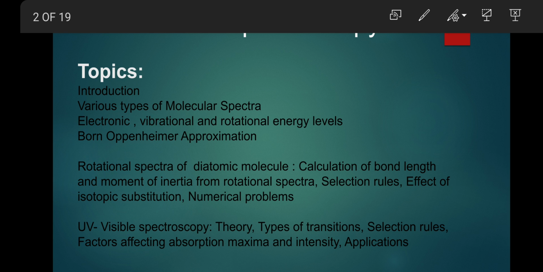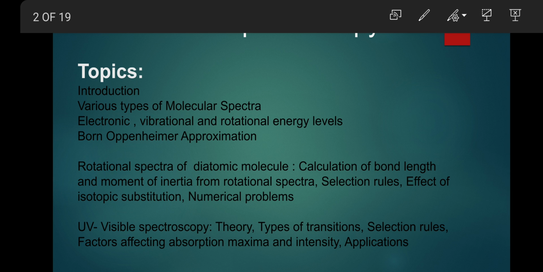You are preparing, for example, you are doing some organic synthesis, you have synthesized a new material. Then if you want to say what is that substance, you have to use certain analytical techniques. For that, one of the main techniques used is spectroscopy.